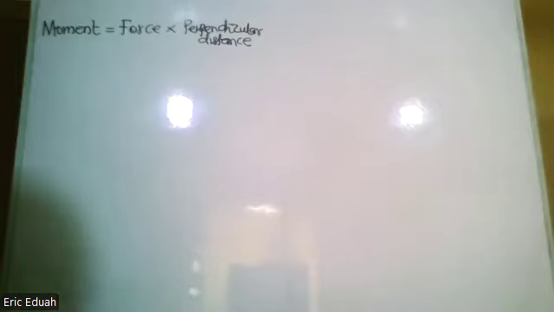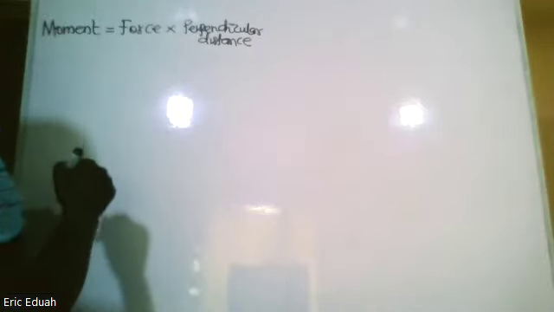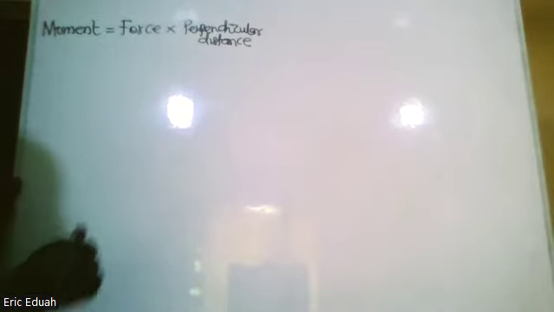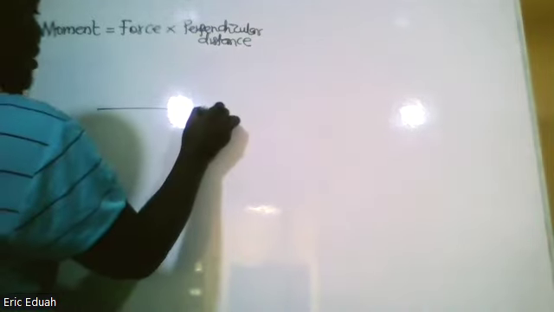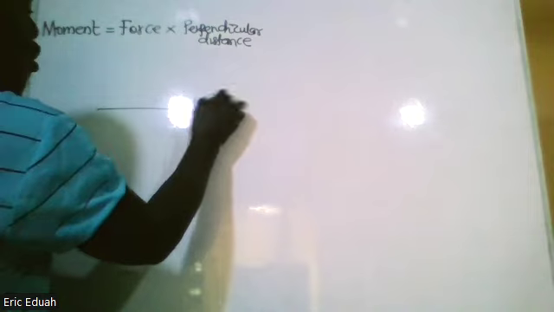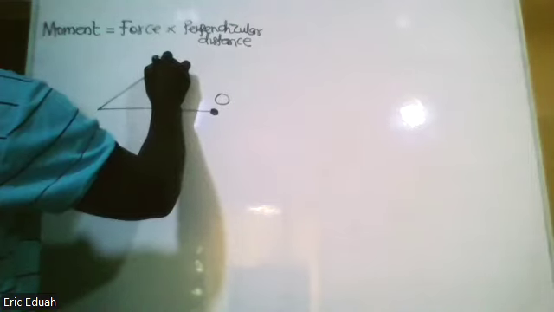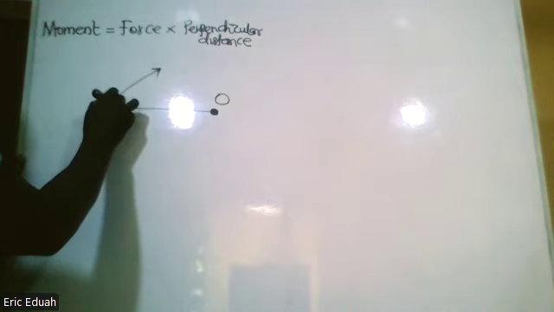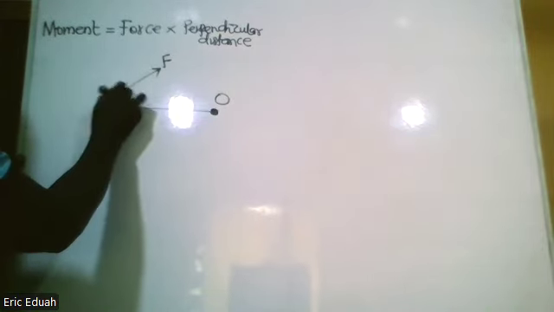Now, last time we saw that whenever you are given a force applied around a pivot or point of axis, for example, we have the pivot O, and then a force acts in this direction. Meanwhile, the angle between the force and the distance is theta.